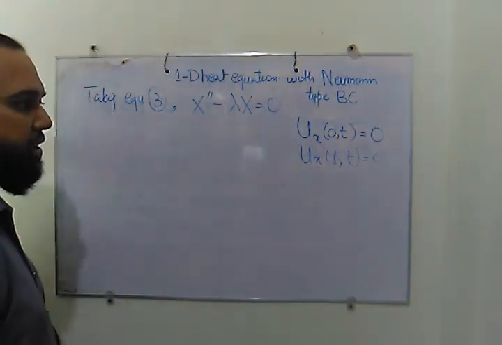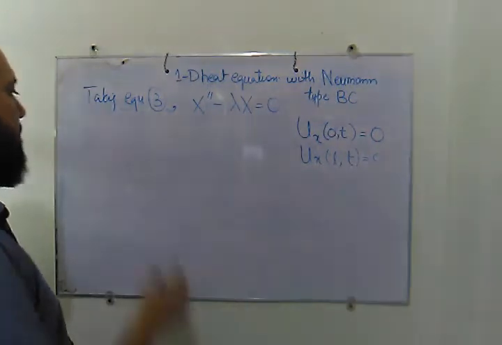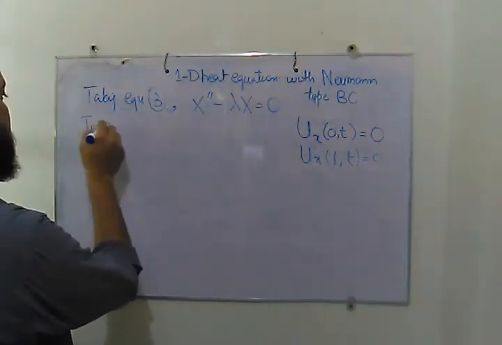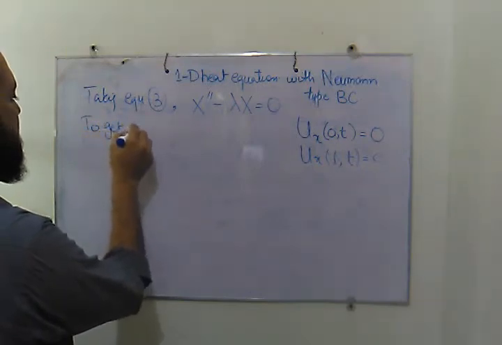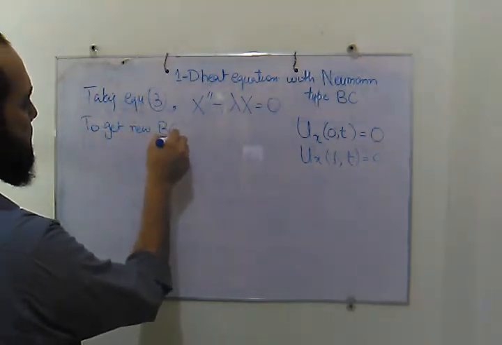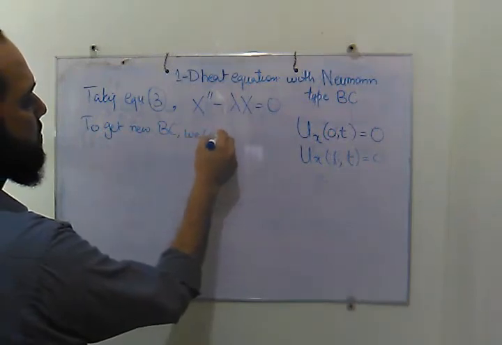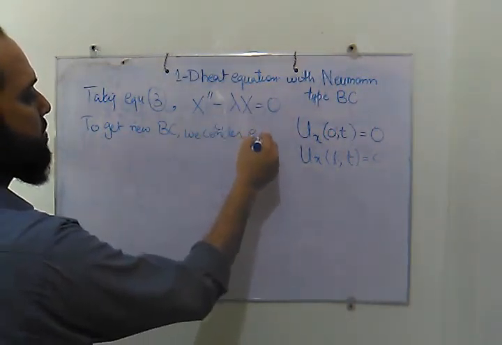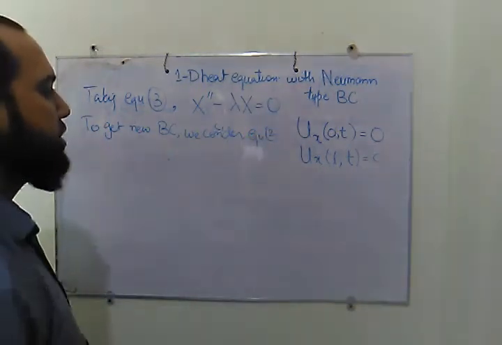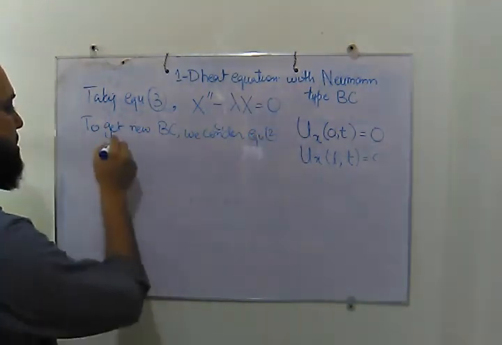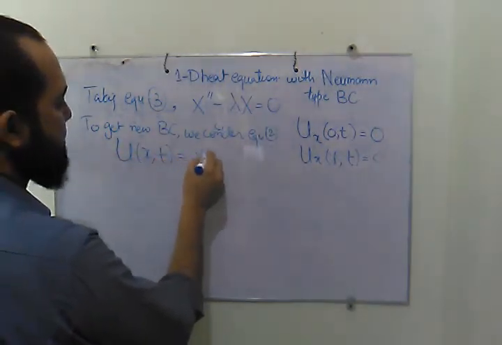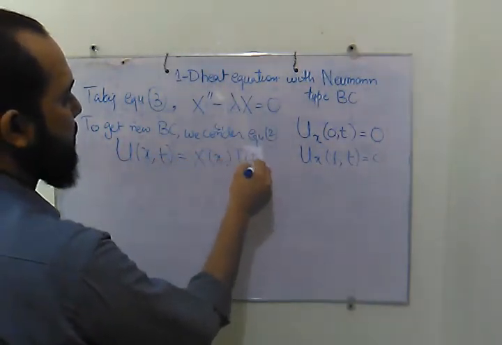To get the new boundary conditions, we consider equation number 2, which was our proposed solution like we did in the previous questions. Our proposed solution is u(x,t) equal to X(x) T(t).